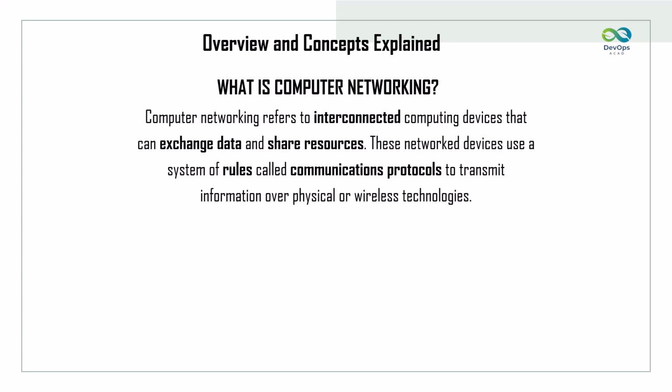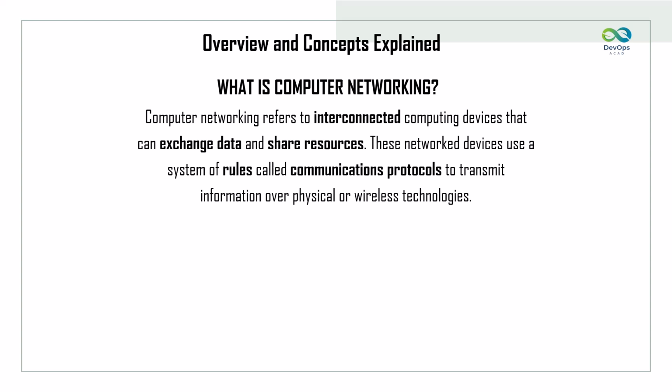Which means the reason why we want to have computers connected together in the first instance is so that they can exchange data and share resources. That is basically what computer networking seeks to achieve, helping our systems and devices exchange and share resources.